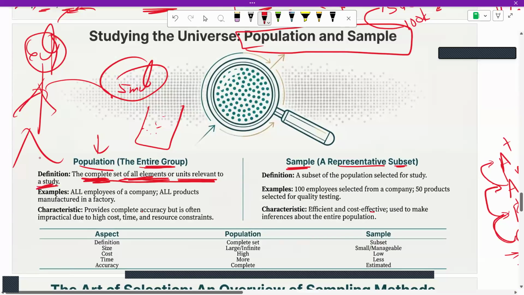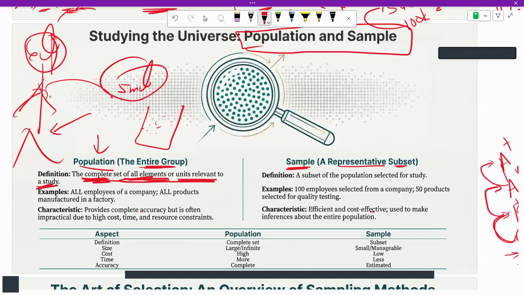So if you are going to study the blood, all 6 liters of blood is your population. If you are going to study the attitude of university students, then all university students are your population.